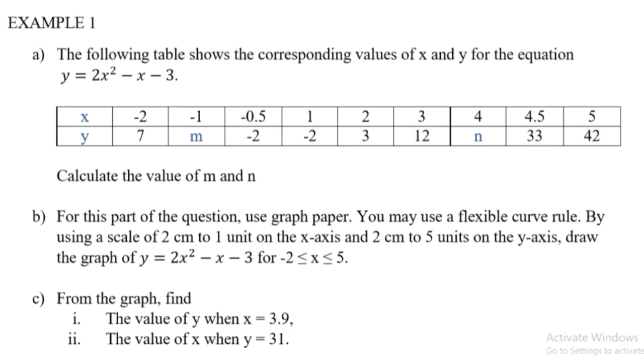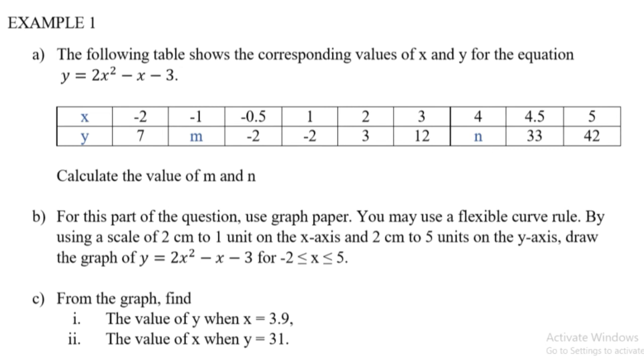Example 1. 1a. The following table shows the corresponding values of x and y for the equation y = 2x² - x - 3. So in the table, we have values of x and y.